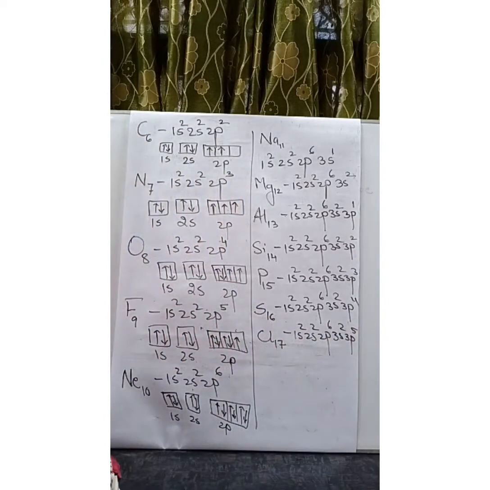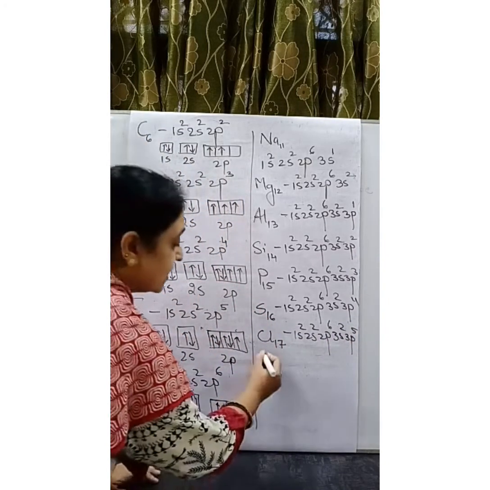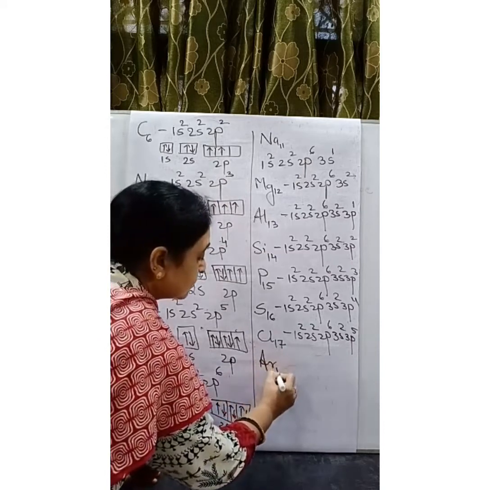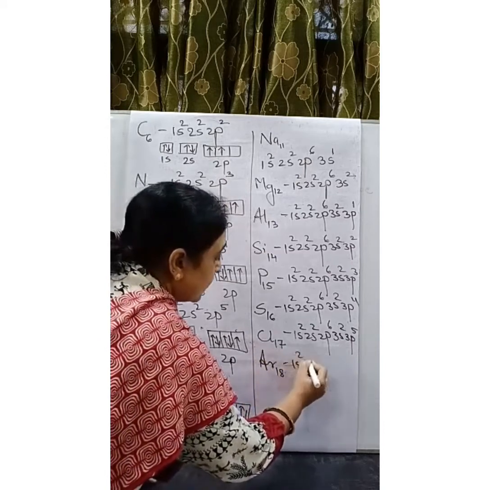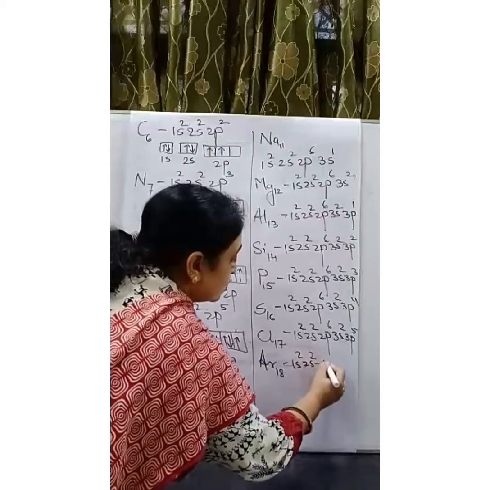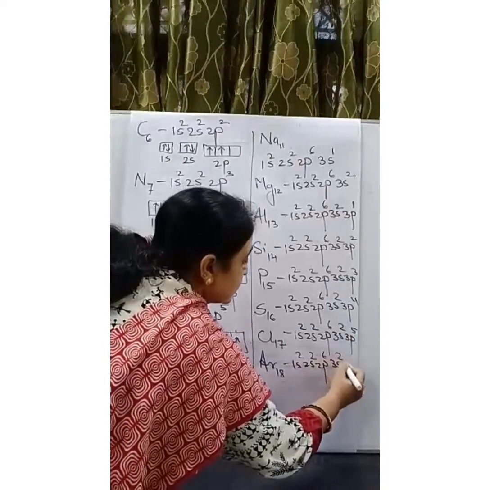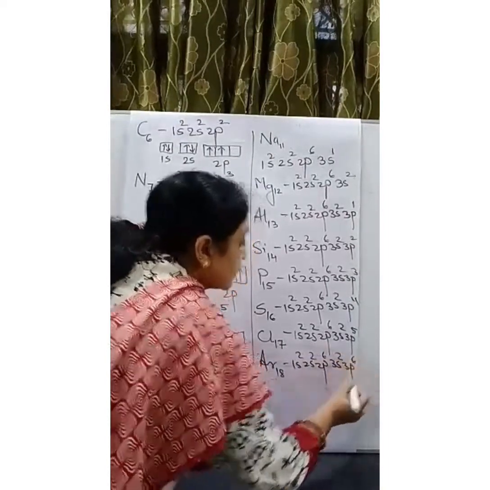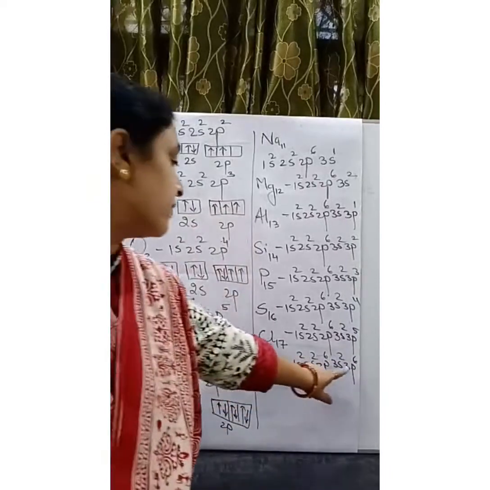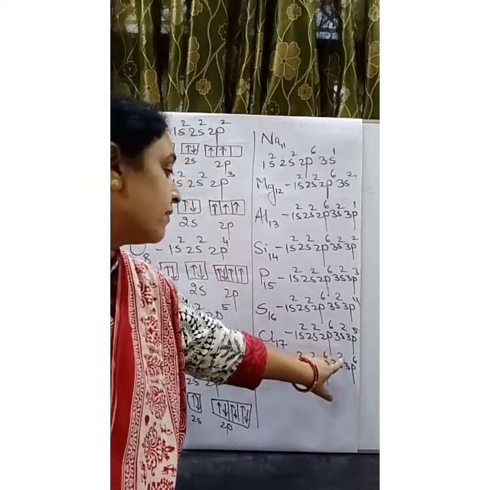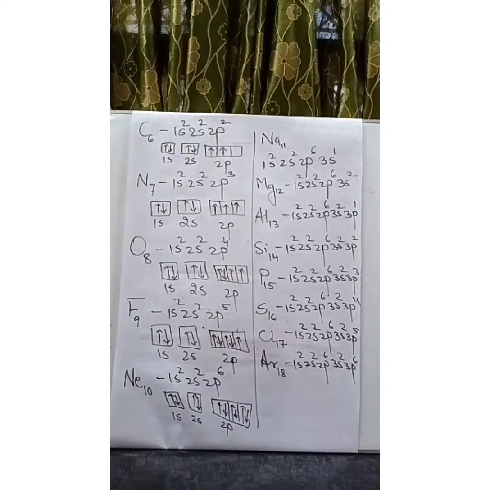After chlorine, atomic number 18 is argon: 1s2, 2s2, 2p6, 3s2, 3p6. You can wait and watch: 10, 11, 12 and 6, 18.